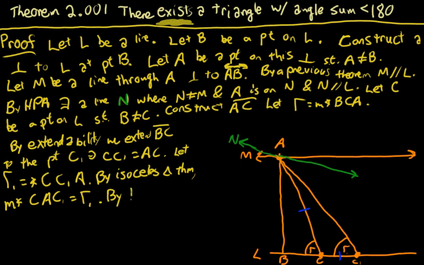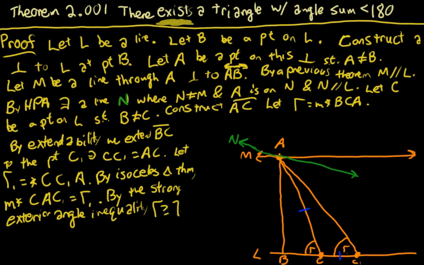And by the strong exterior angle inequality, gamma is greater than or equal to gamma sub 1 plus gamma sub 1, which means gamma is greater than or equal to 2 gamma sub 1.